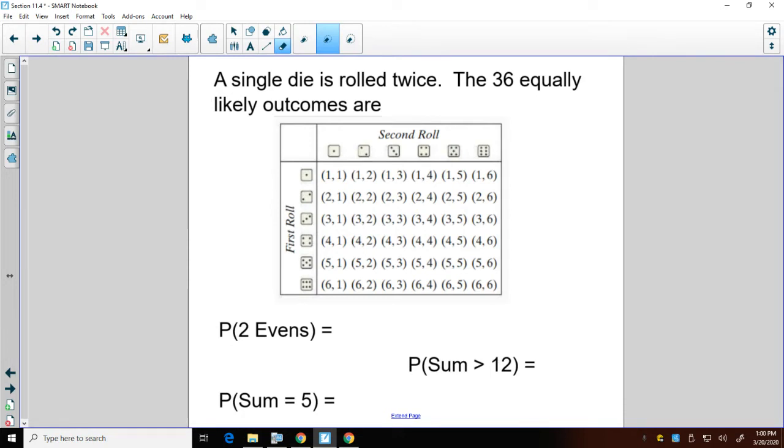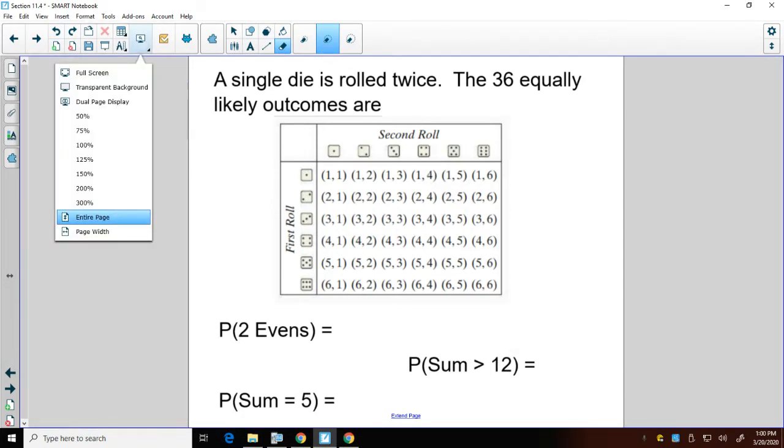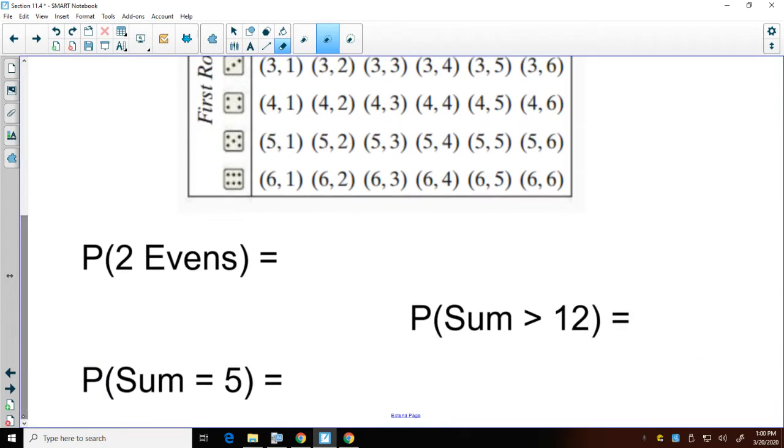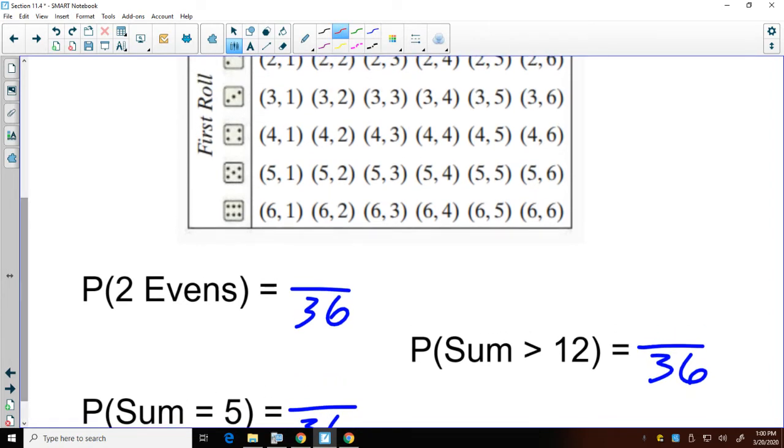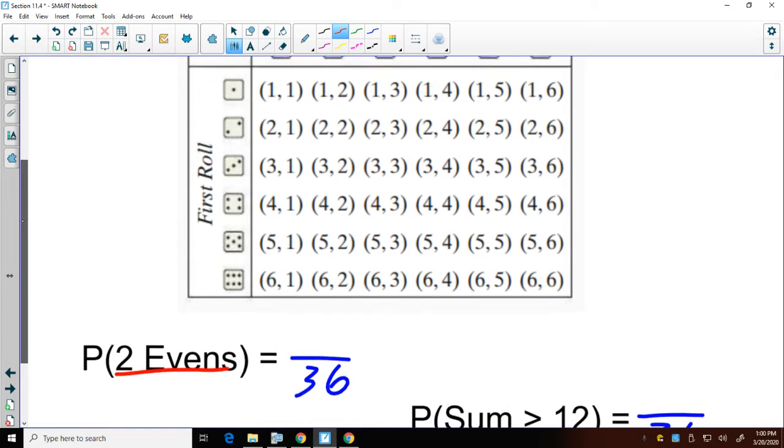Okay. So you already know what the bottom number to all these fractions is going to be. This guy is going to be over 36, 36, 36. All we got to do is start finding the top numbers. So 2 evens.